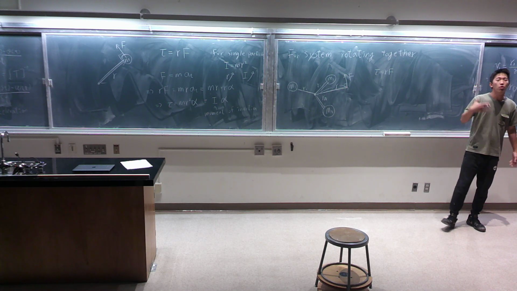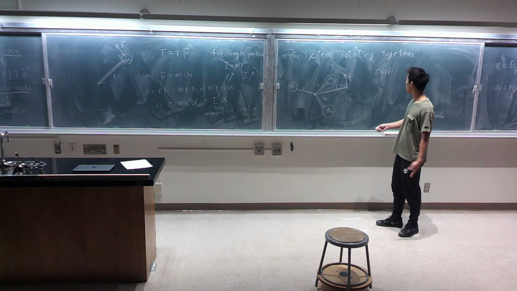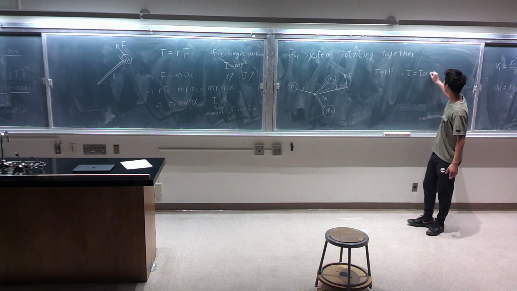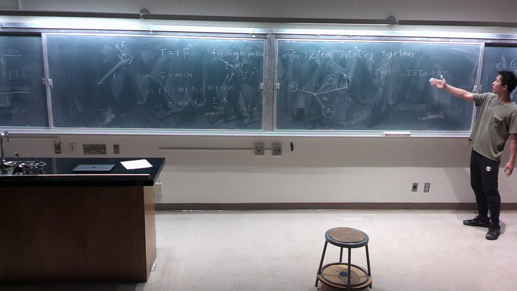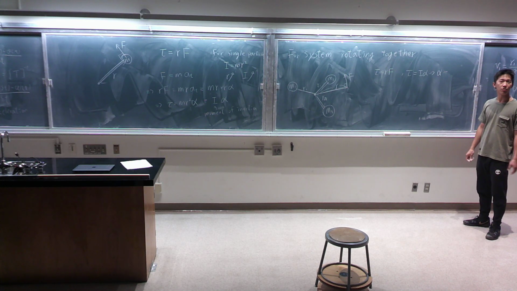We don't know how big the moment of inertia for this system is, but we can write torque equals I alpha. So in terms of torque and moment of inertia, what will the angular acceleration of this object be? If torque equals I alpha, what will alpha be?